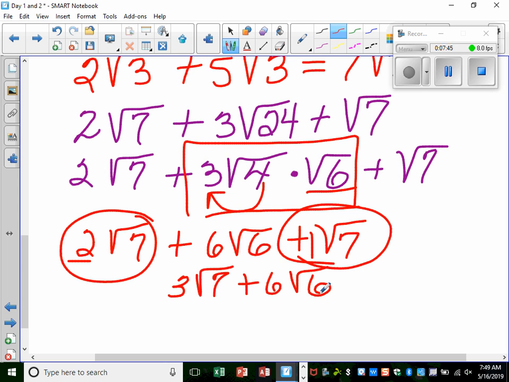It doesn't matter if you wrote 6 rad 6 plus 3 rad 7; the order doesn't matter. Just to recap, you can only add or subtract if they have the same radicand, and you want to make sure those radicands are in simplest form before you start combining them together.